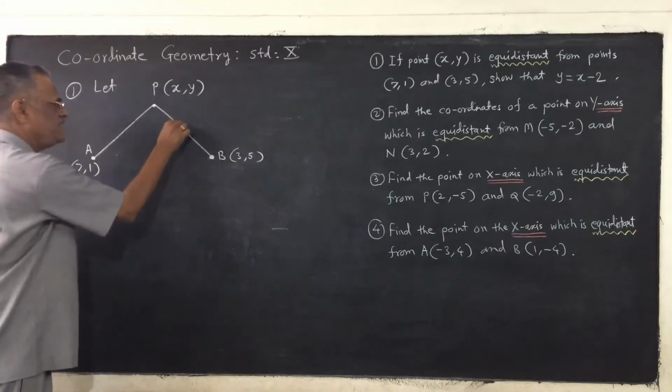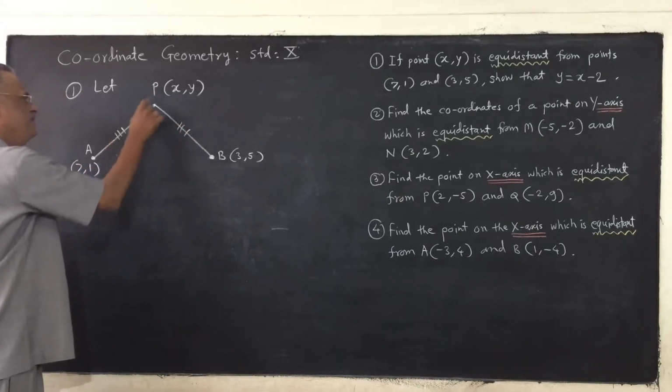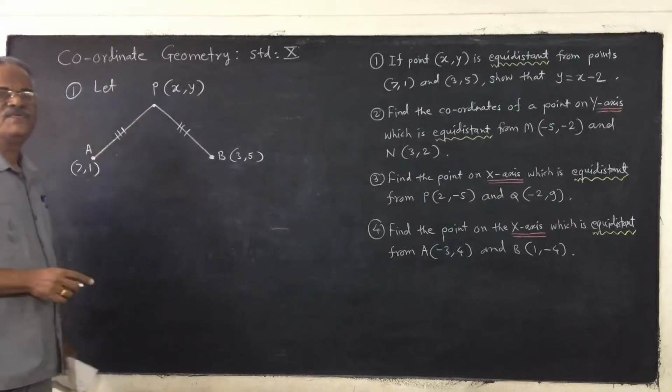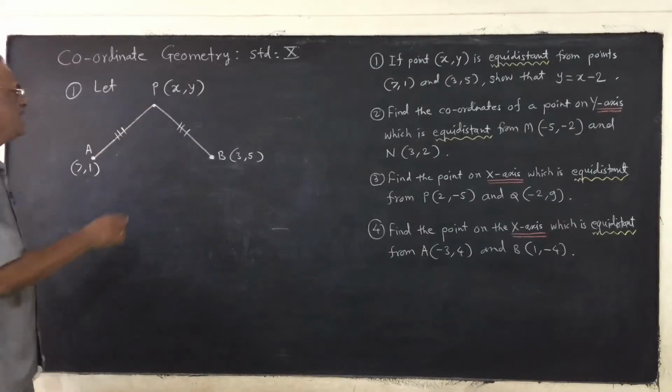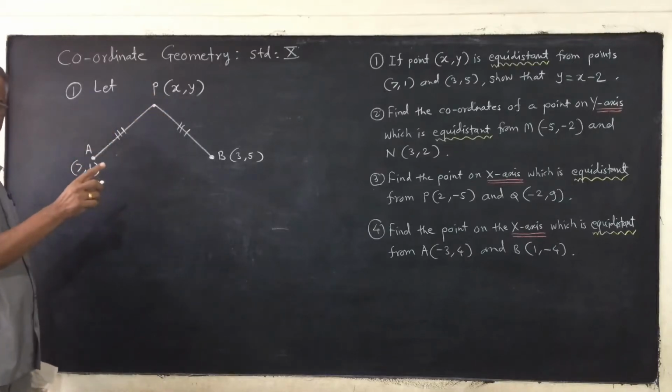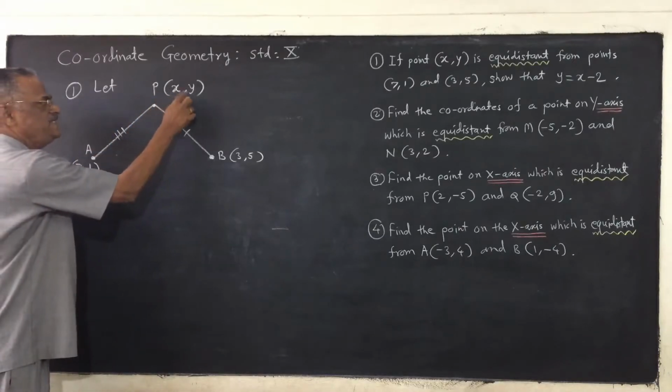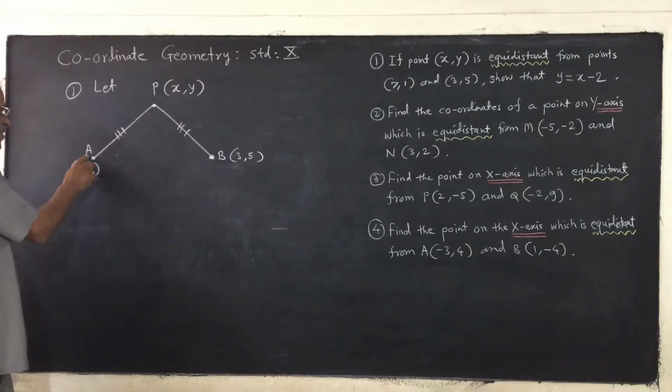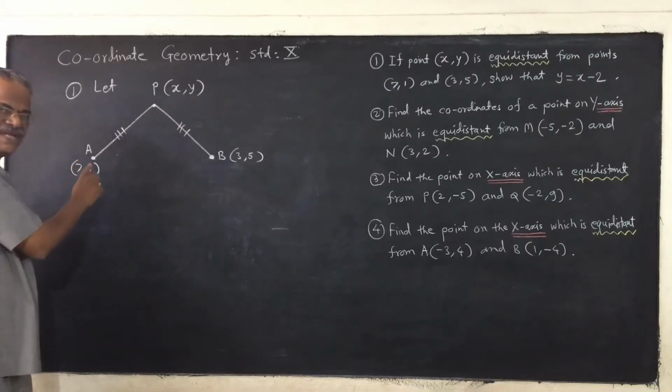What is given in the example? PA and PB are equal. Coordinates of P are x and y, and coordinates of A are 7 and 1.